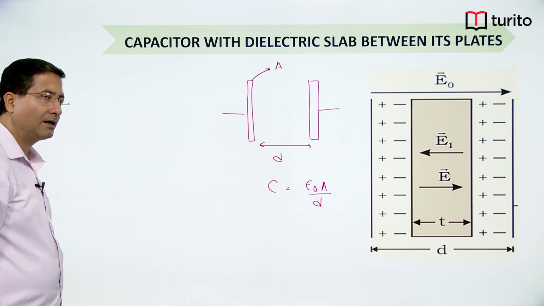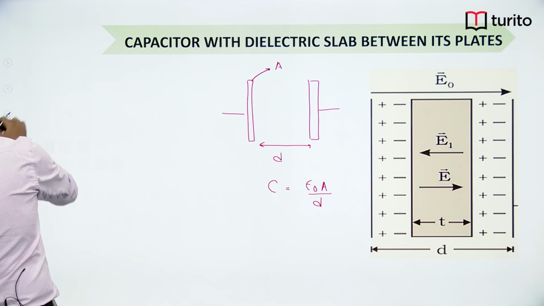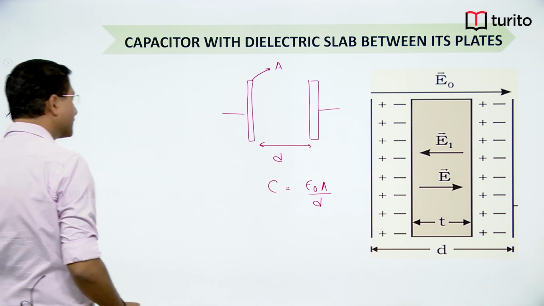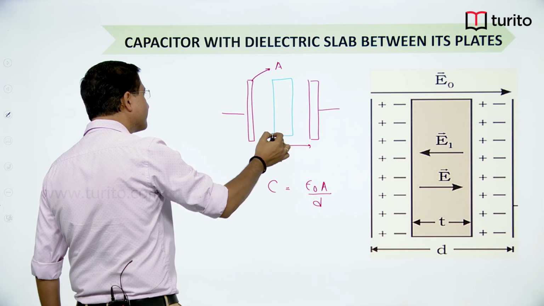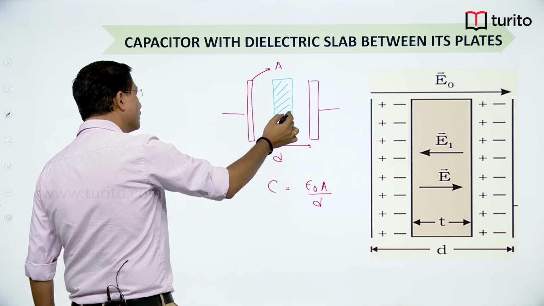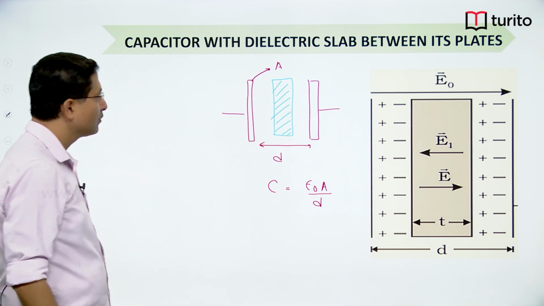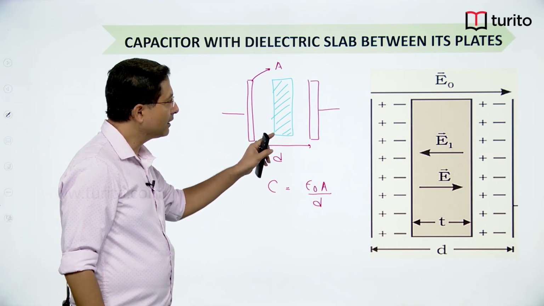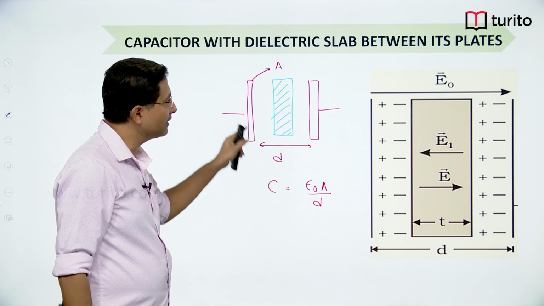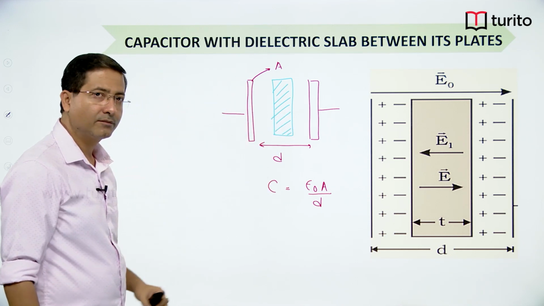Now, what I am doing, I am placing some insulating material in between. Mica, paper or anything I am placing in between. Then what would be the new capacitance of the arrangement, that I want to find out.